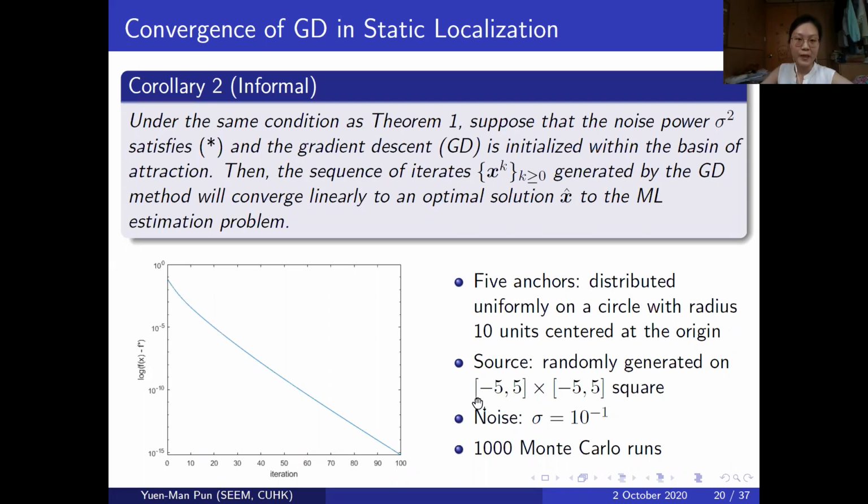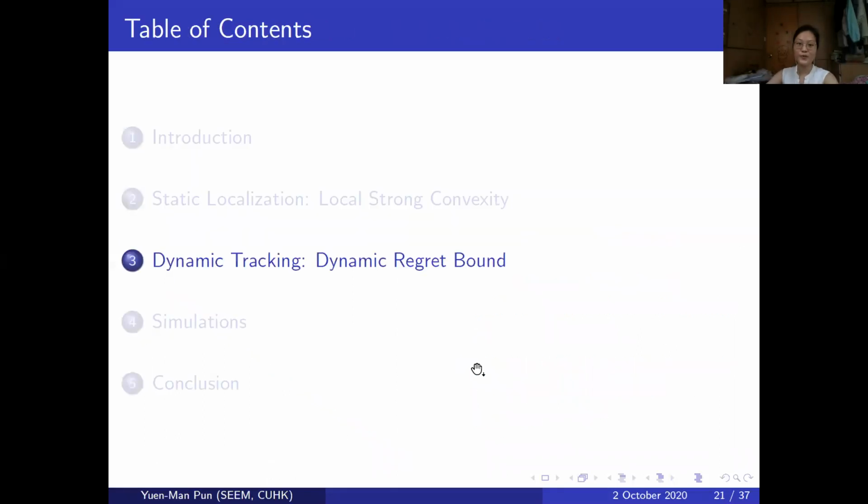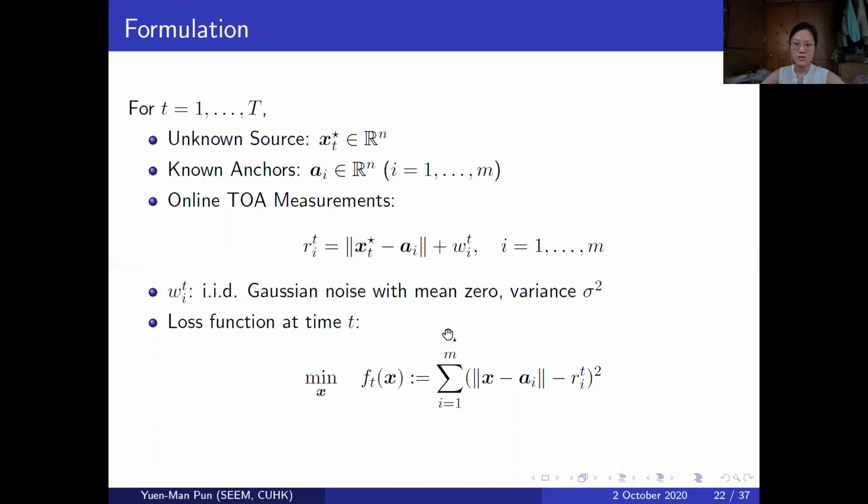So with the local strong convexity, we now can move on to our dynamic regret bound. So we have now already proved the local strong convexity, and of course we'll use it. And then, before that, we recall the formulation.